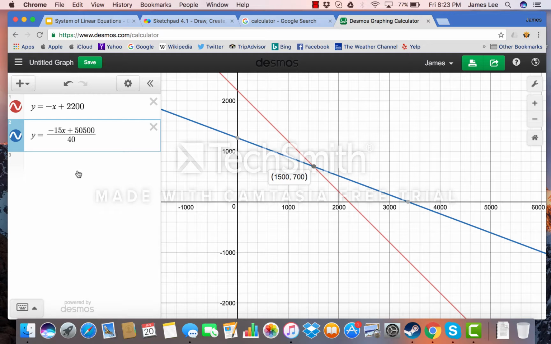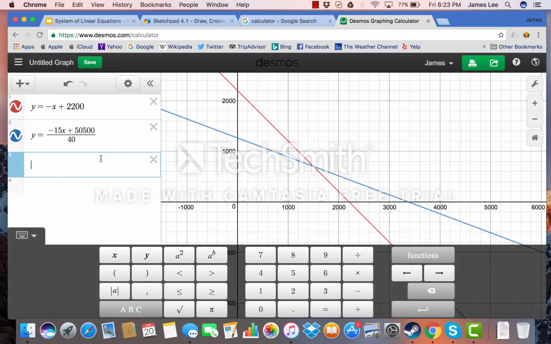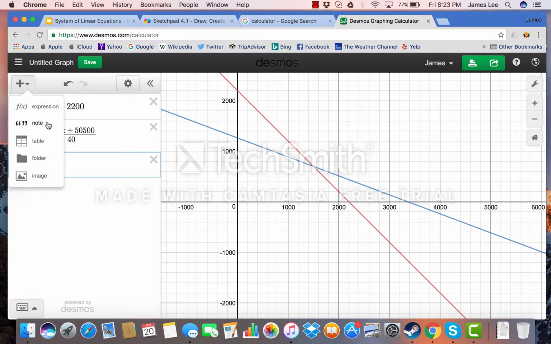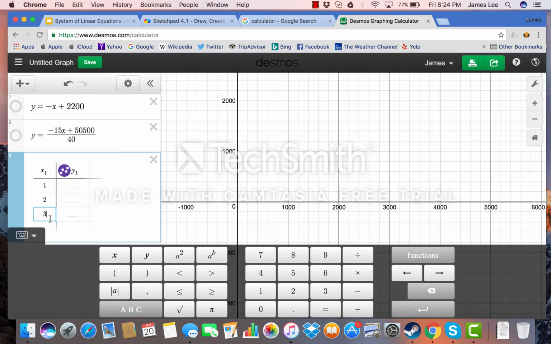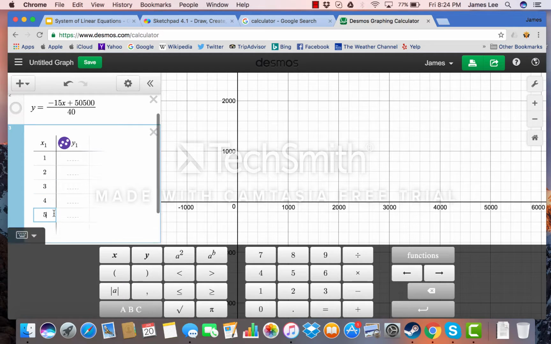Now we can do the same thing with a data table. With the data table, we can just plug in various points. So we can do 1, 2, 3, 4, 5.